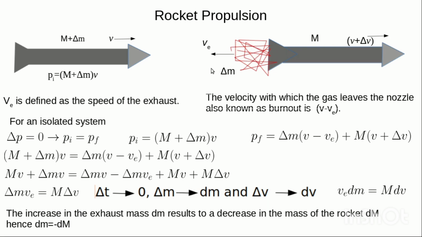So 1 kg, which is the final mass, minus 0, which was the initial mass, will be 1 kg. So 1 minus 0 gives us 1, then 9 minus 10 gives us minus 1. So this minus here makes it positive. So that's why this one will be equal to this particular expression.